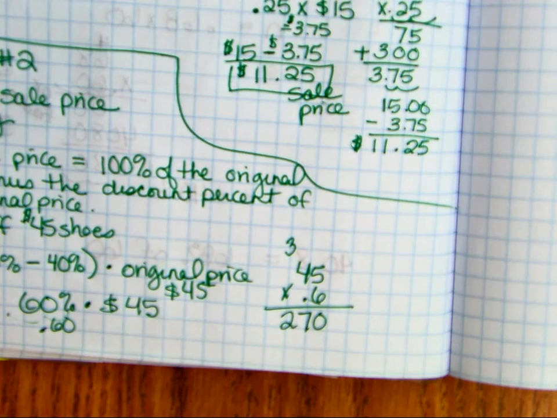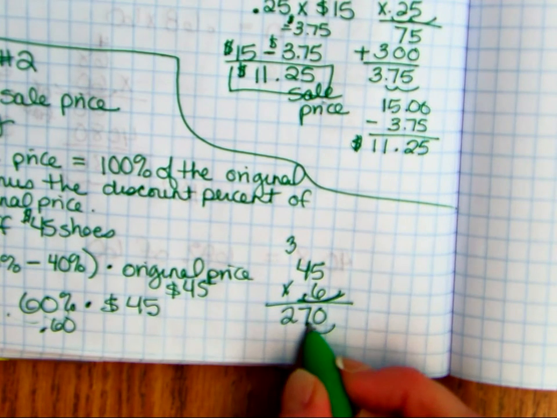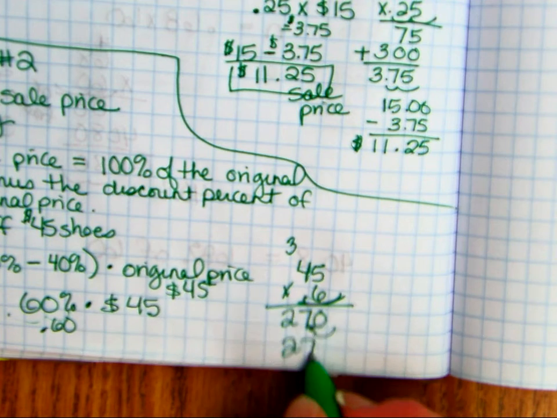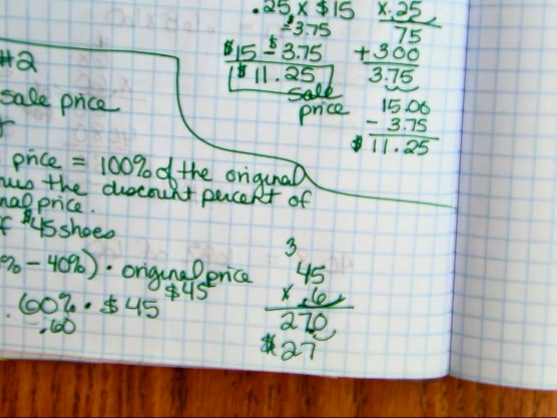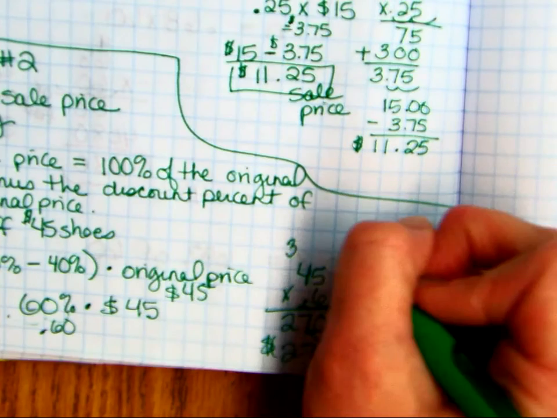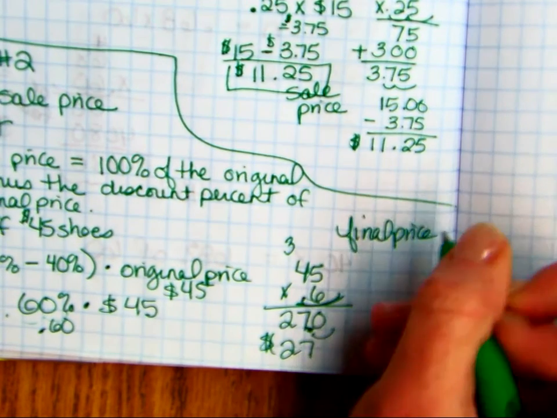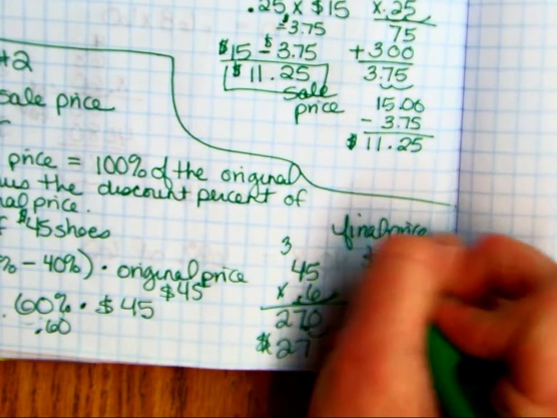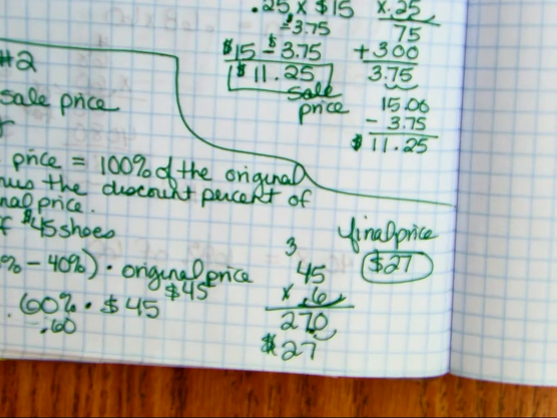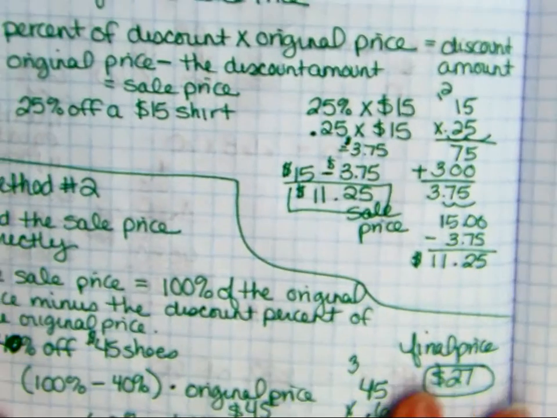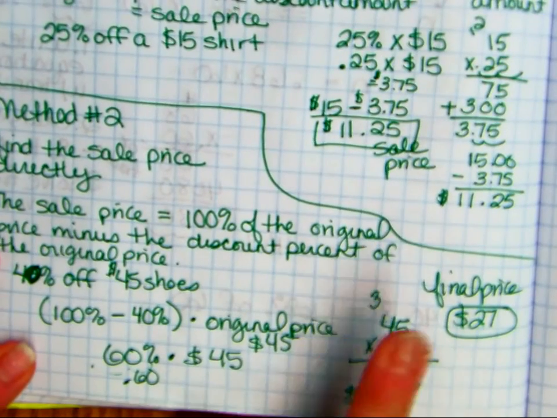So I have 270, but I've got to move this out once, this in once, so I end up with $27. So my final price, or the sale price, would be $27.